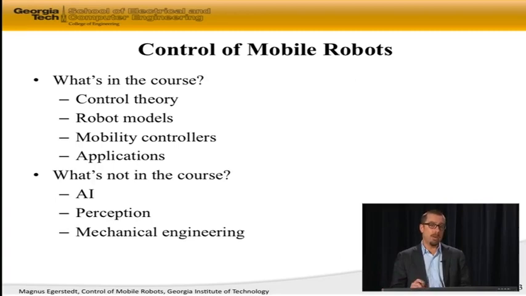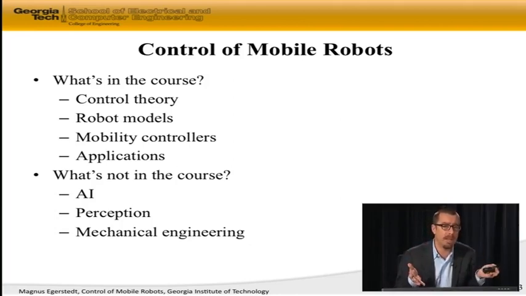I do want to say, though, that the course is not about artificial intelligence, which is the high-level planning, meaning what should the robots actually be doing? We're going to be dealing with the question of, well, they have already figured out what they should be doing, how should they be doing it? We're not going to deal much with perception, meaning how do we take computer vision data and actually turn it into something actable? Or how do we actually design perception algorithms?